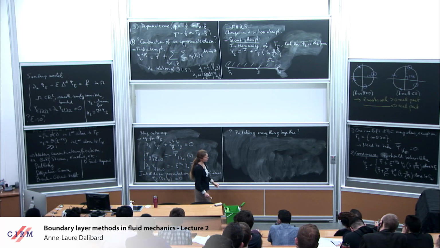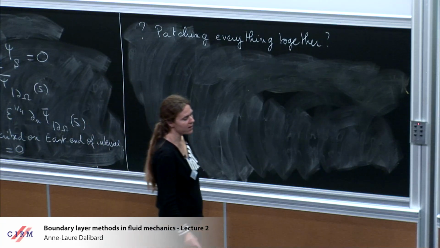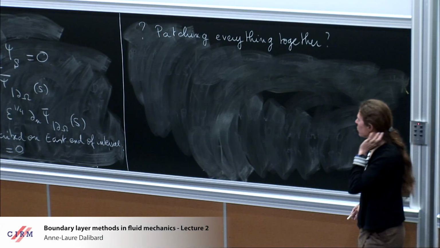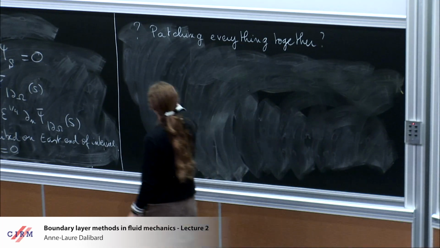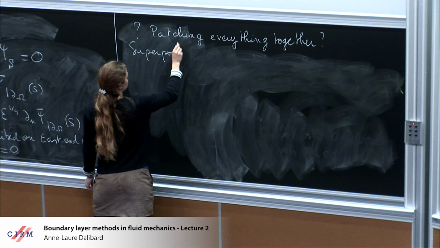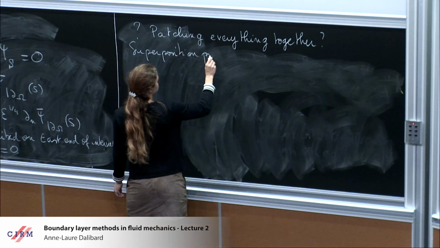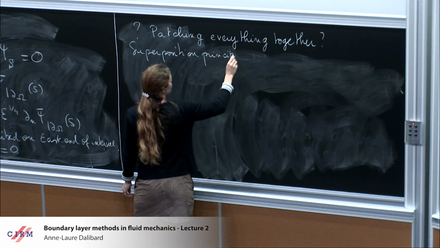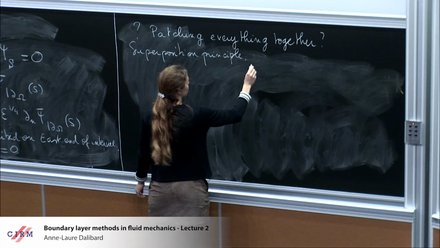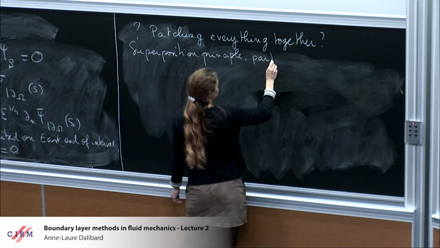So to patch everything together, well, you can notice that the equation is linear. So you can use a superposition principle. And more precisely, you use a partition of unity.